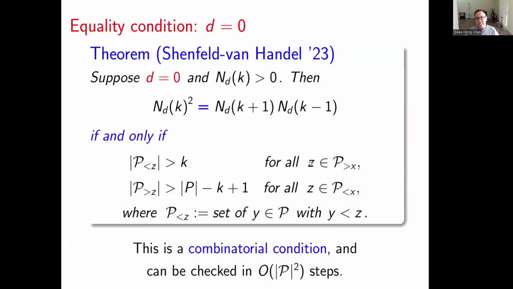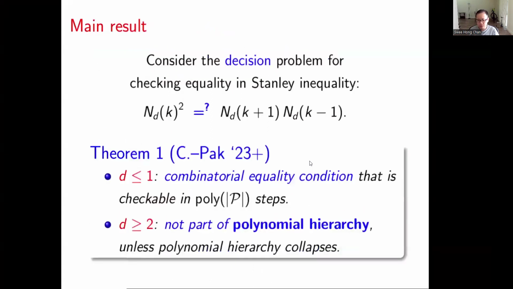Unfortunately, that turns out to be impossible in the following sense. Let us consider the decision problem where the input is a poset P, with a fixed value d, and k as an integer. And the problem is to decide if equality occurs in Stanley's inequality or not.